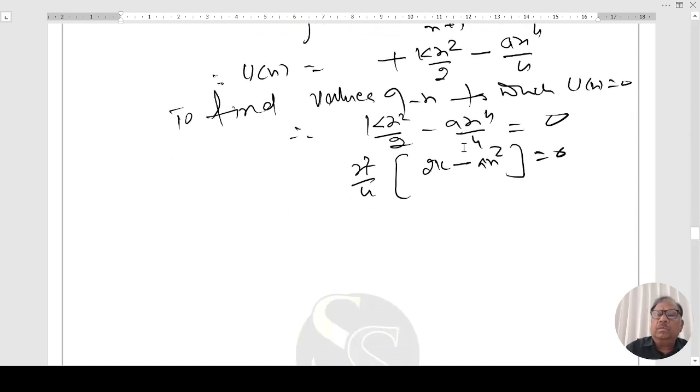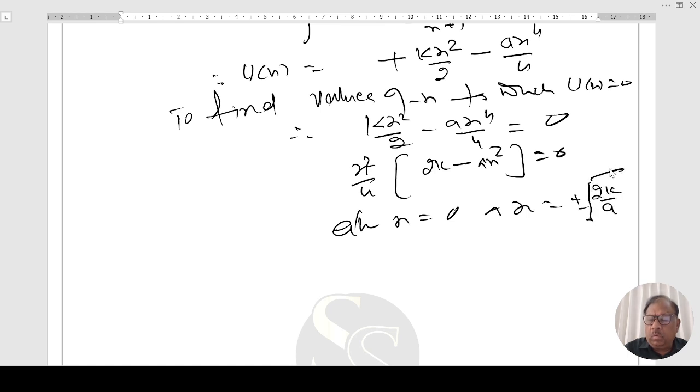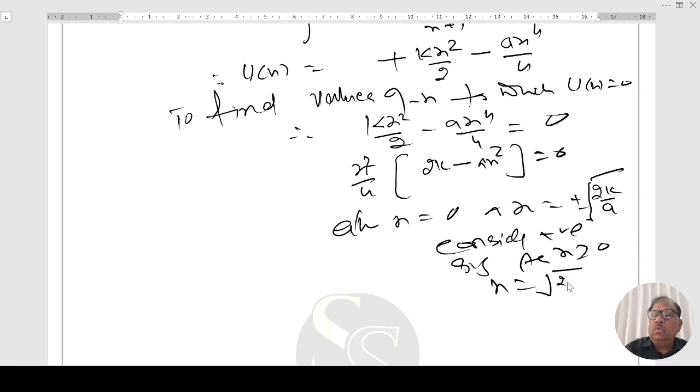So either x equal to 0 or x equal to plus minus under root 2k upon a. Considering positive sign only as x is greater than or equal to 0, therefore x equal to under root 2k by a.